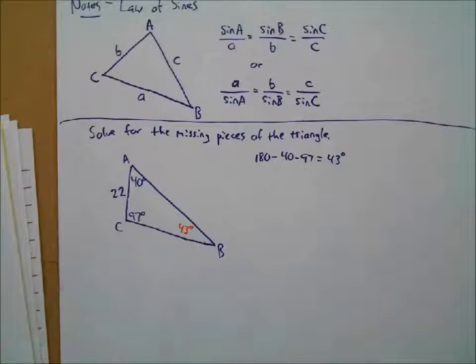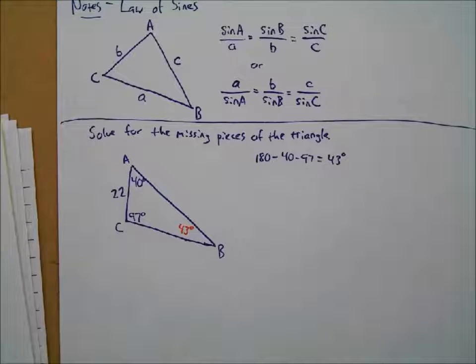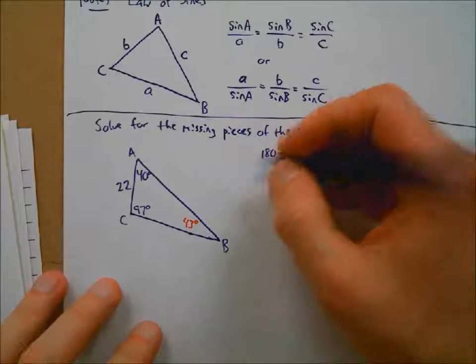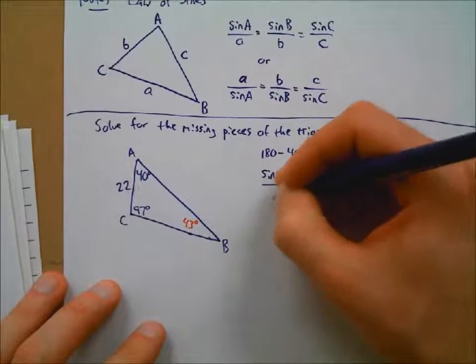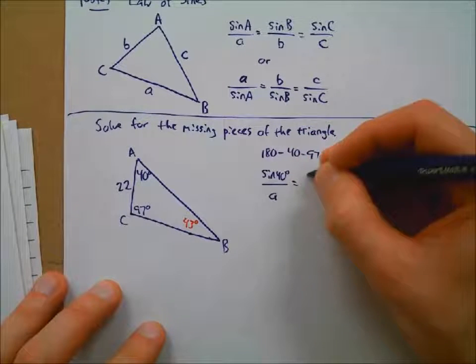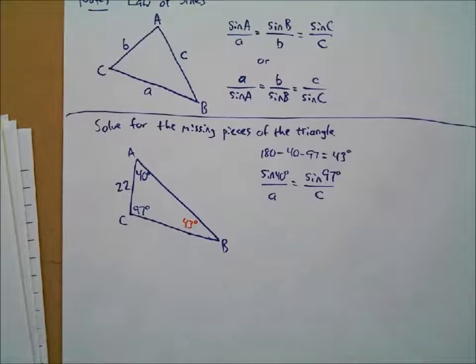Okay, so now we have to figure out the remaining pieces though. What I would recommend in a situation like this is, let's set this up kind of willy-nilly here. Let's just say sine of 40 degrees over little a equals sine of 97 degrees over little c, using our law of sines.